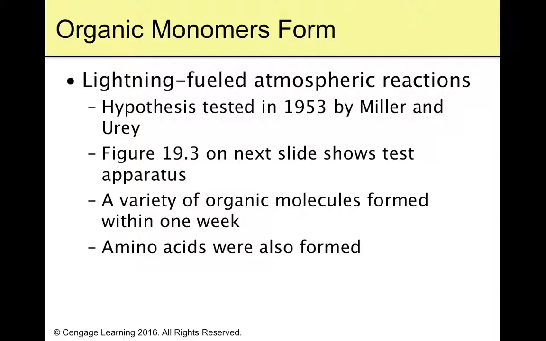And so they put these gases together, shocked them with electricity, basically their lab-simulated lightning, and gave it some time. And I got a video that I think will be a little bit helpful, and I do want to show you that right now.